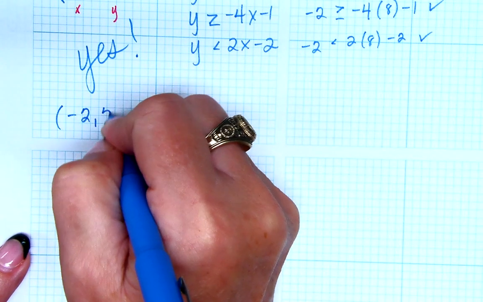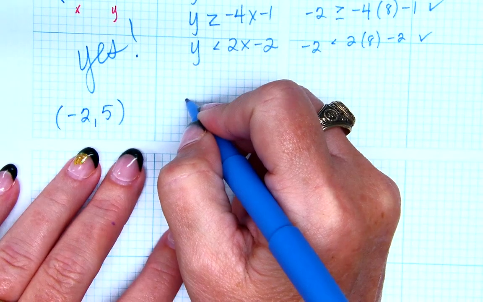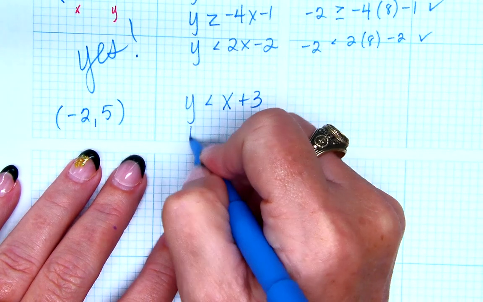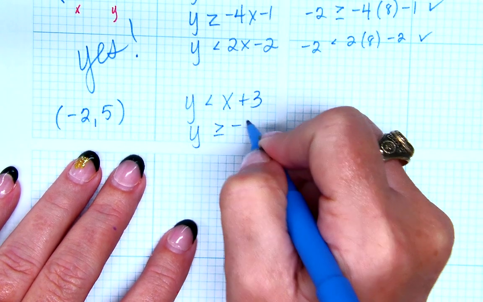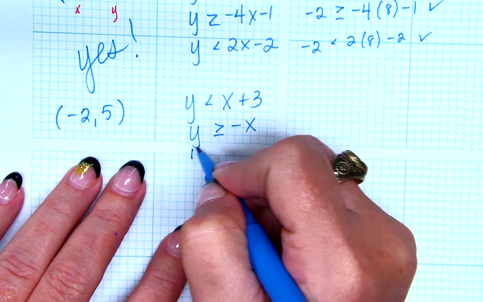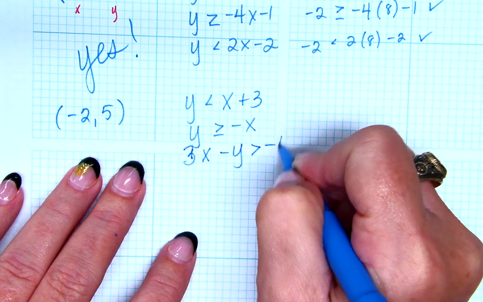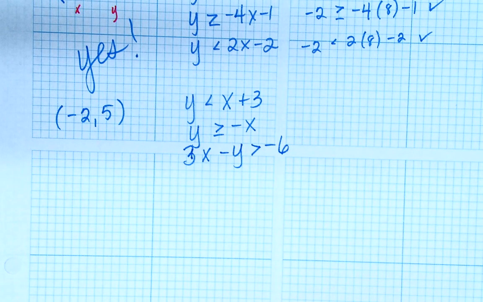The point is negative 2, 5, and my system is y is less than x plus 3, y is greater than or equal to negative x, and 3x minus y is greater than negative 6. How do we decide if it's a solution?